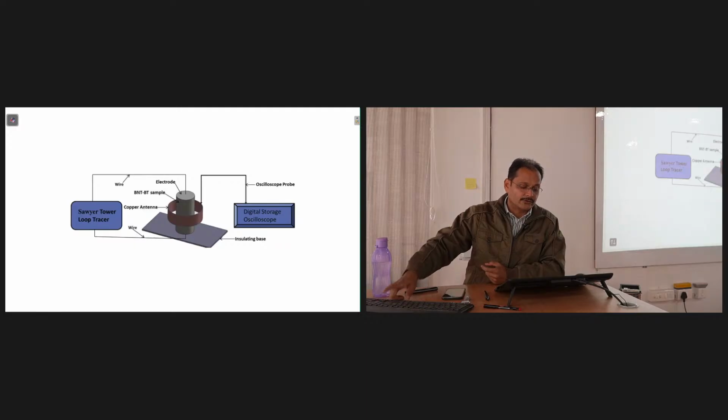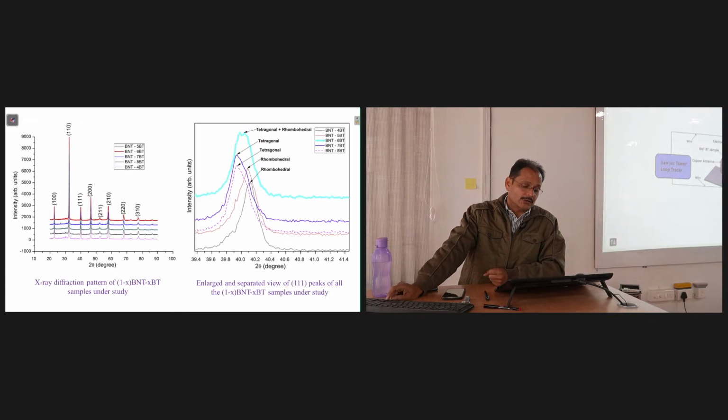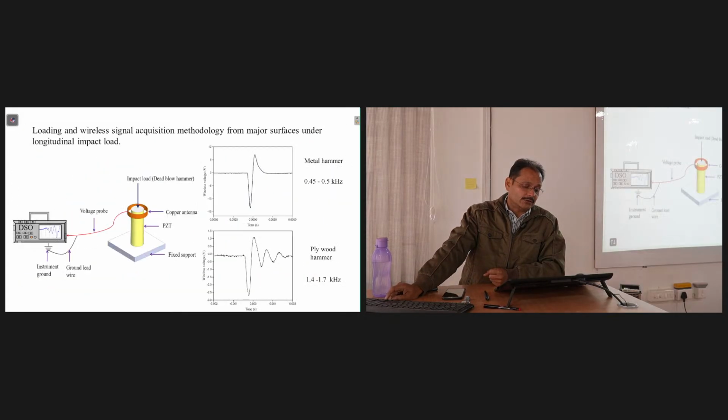Okay, the sample sizes are different. If you consider this one, I think this had a height of about 8 mm and a diameter of 12 mm. And then the PZT one, here, had a higher height: 15 mm height but 6 mm diameter.